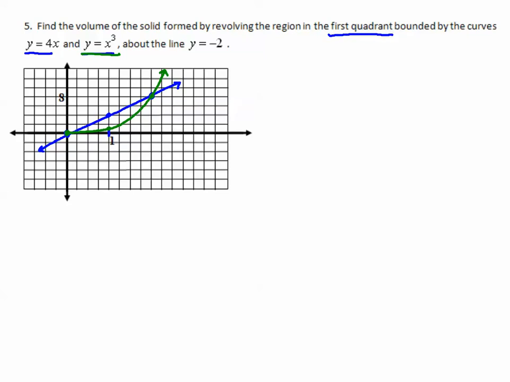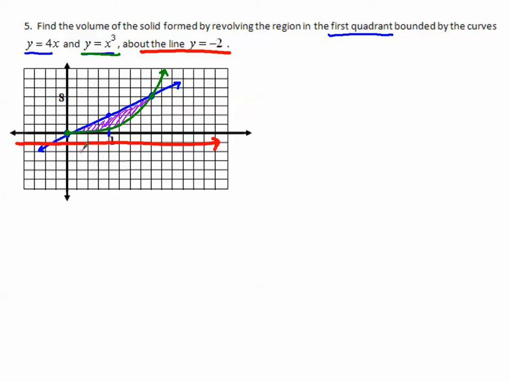Now we shade that region so there is no confusion about what it is exactly that we are rotating. And now we see the line to rotate is y equals -2. So if this is counting my 2, 4, 6, 8, down here is y equals -2.